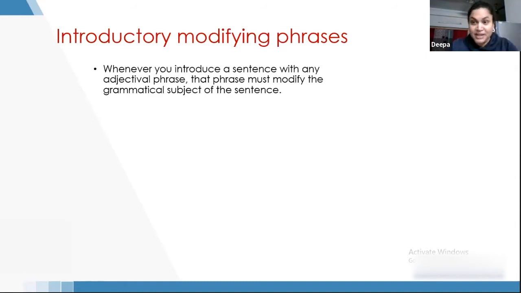So an adjective cannot and will never modify a verb, and an adverb can modify an adjective, but it will not modify a noun.